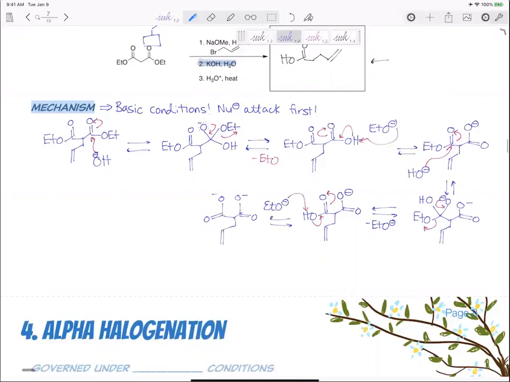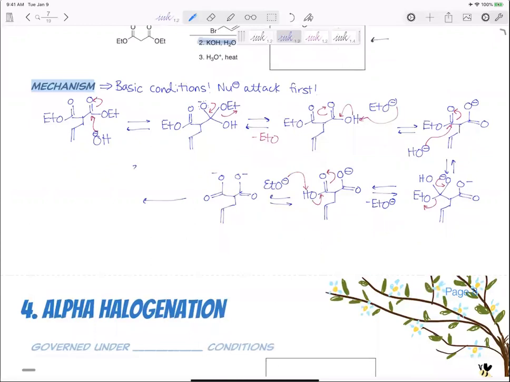Okay, and then we are going to start a decarboxylation process. We need to form CO2, so let's start preparing our molecule to form CO2 first. What we have would be H3O plus.